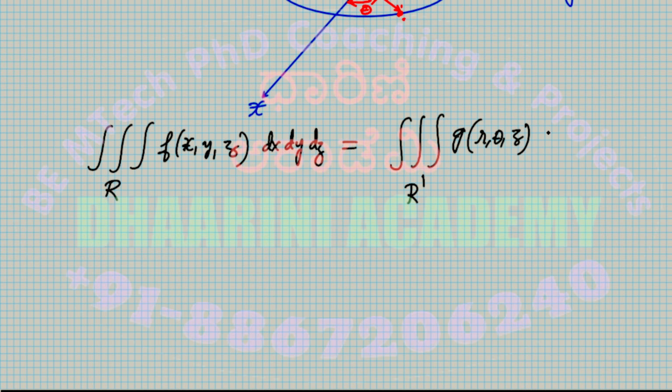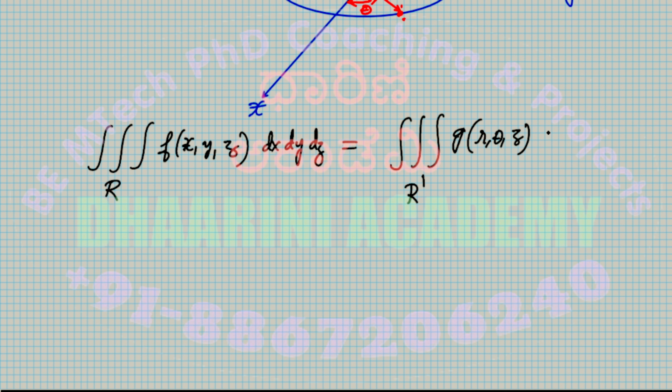So our change of variable basically refers to this operation. I have a triple integral over a region R of some function f of x comma y comma z, with dx dy dz.